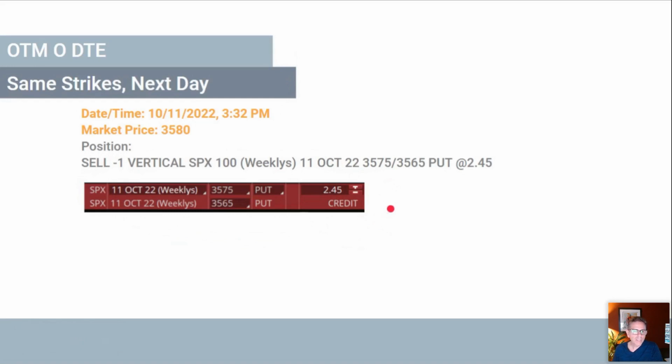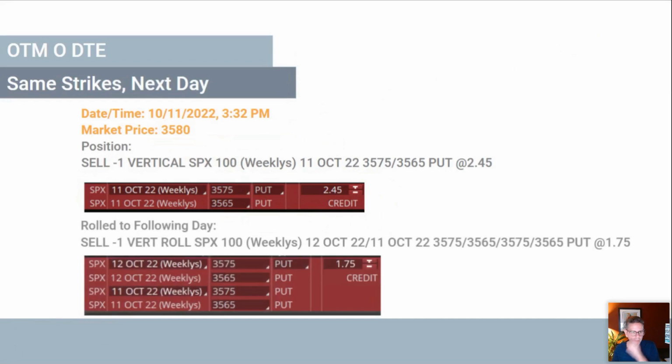And so in this case, I'm just sharing here that we went up to 245, and the market was at 35.80, and this is the short strike here. So you have a 35.75, 35.65 position, and you're only five points away from breaching or going in the money in this position. So at that point, basically you want to roll the trade.